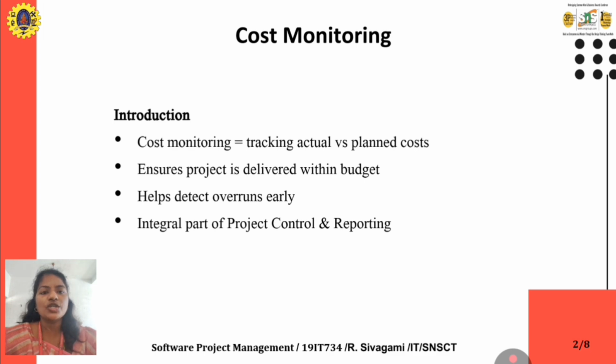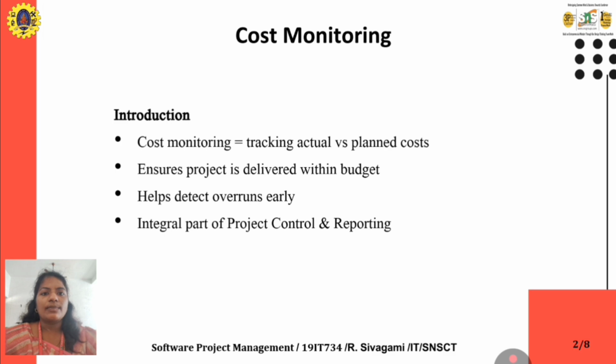It is the most essential thing, not only in a project but in everything. Before we allocate the cost or time, these are all essential things. Cost monitoring is equal to tracking actual versus planned cost.